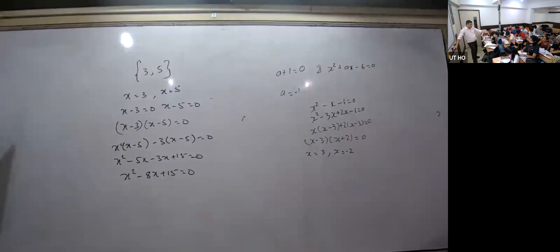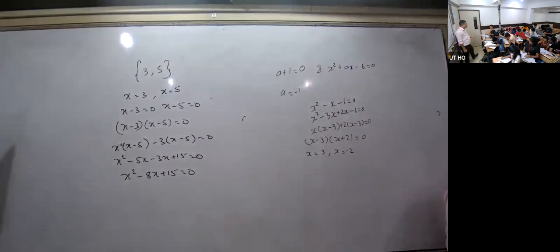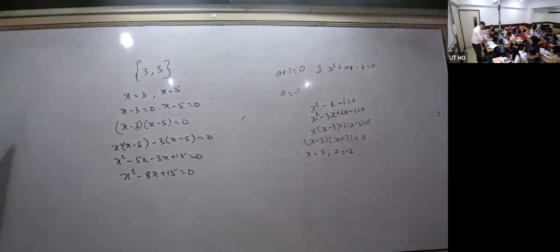Question number 4 is the similar one we have done. All of you can do it? Yes, sir. One is 2x minus 3 and one is 2x plus 3. But read over here, this is not 2x plus 3. What is this?